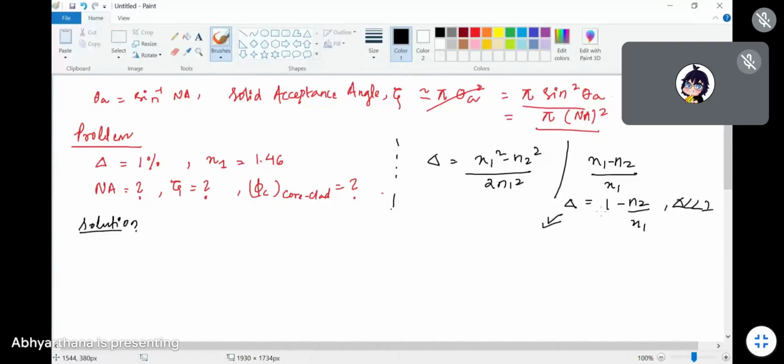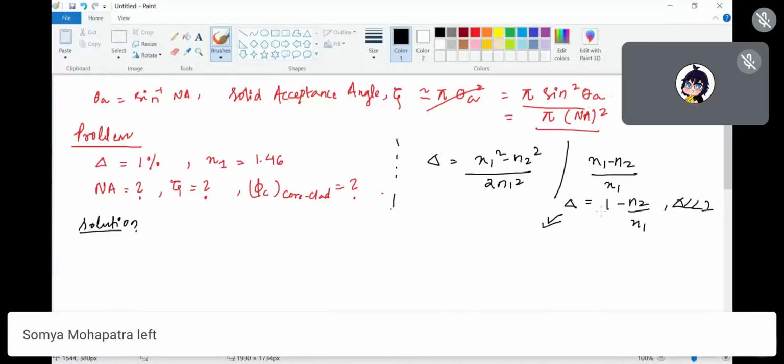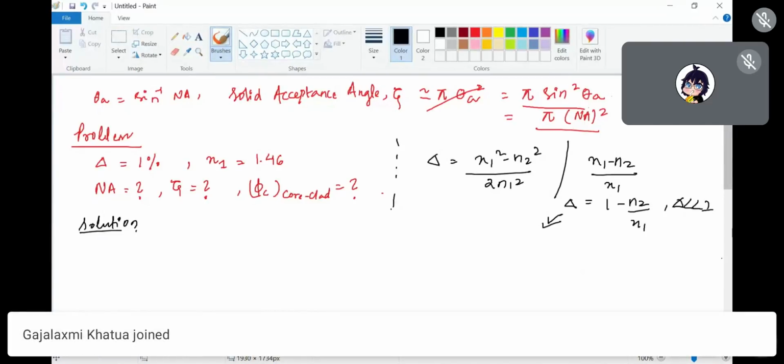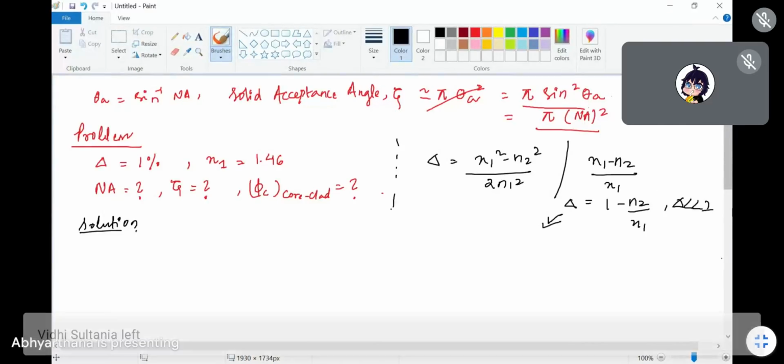I'll give you some time to think about it. Let's say 10 minutes, try to solve it. Understand the question properly and please solve it after that. Recheck everything that you have written. First, write down what is your NA.